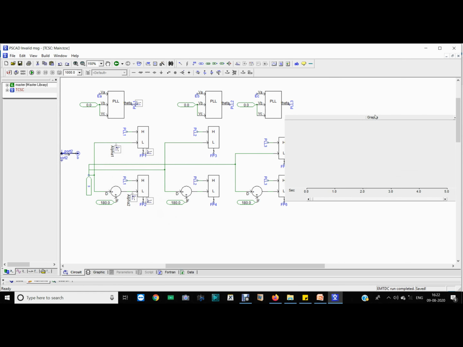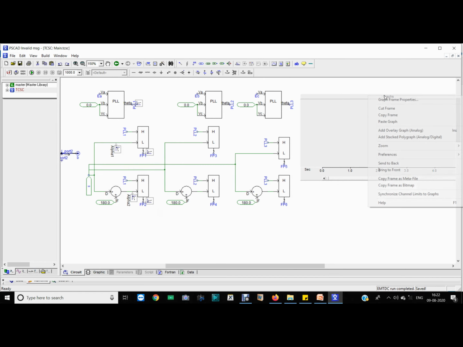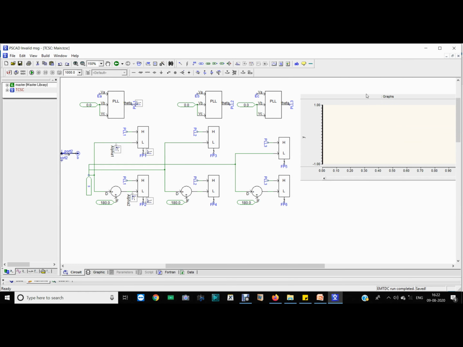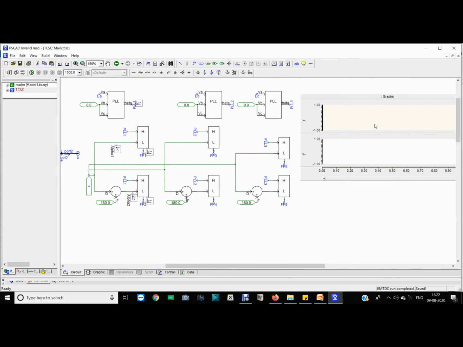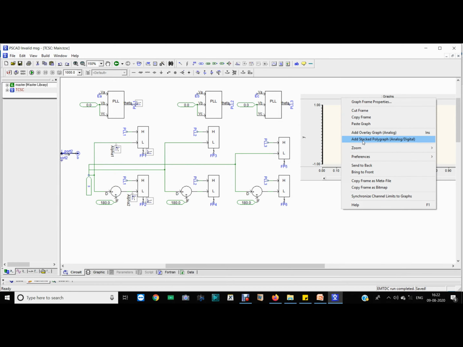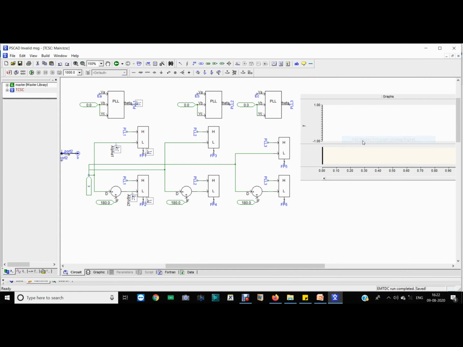Now just take a plot, add an overlay graph. Right click, we need to see the firing pulse, so it must be digital, right? 0 1. So I need to connect this to a digital plot.